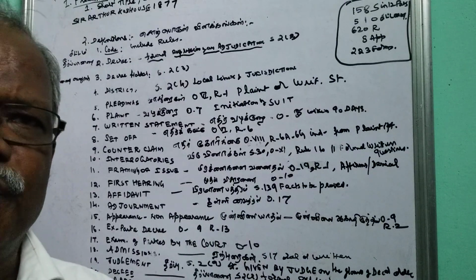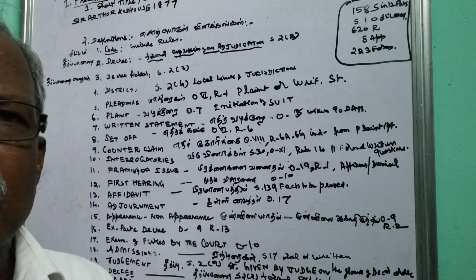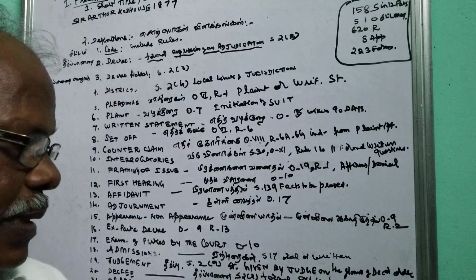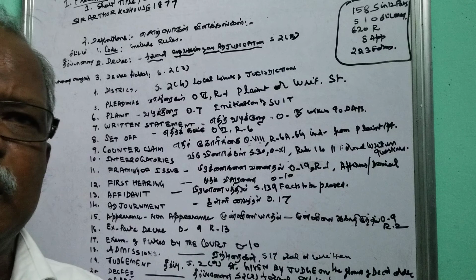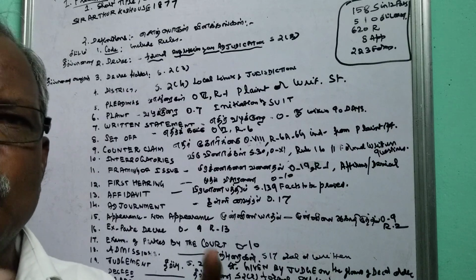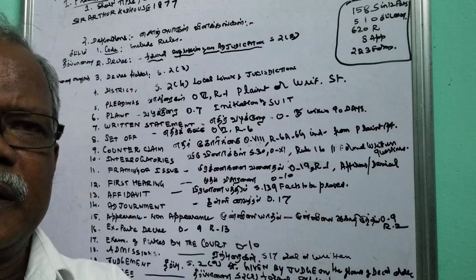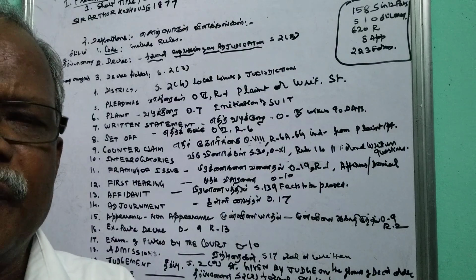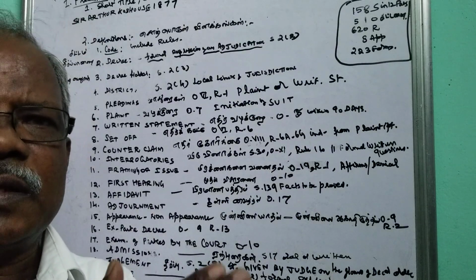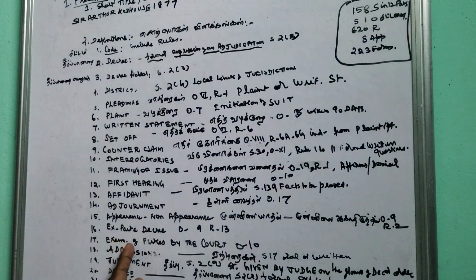That is, the case will be ordered on behalf of the plaintiff, and that is called ex parte decree. Ex parte order means the party is absent, so he has no say on the case, and what the affirmation done by the plaintiff is true, because the defendant is not appearing in court. That's called ex parte decree.